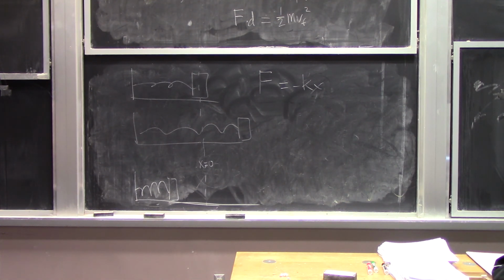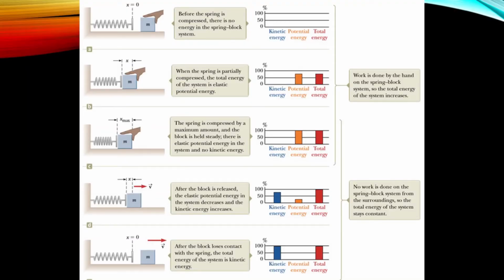So when we want to talk about conservation of energy, the way that we can do this sometimes is to draw bar charts to represent the conversion of potential energy to kinetic energy and vice versa. You can look at this series of pictures. In the beginning we have this block, and it's not in contact with the spring, and so there's no energy.